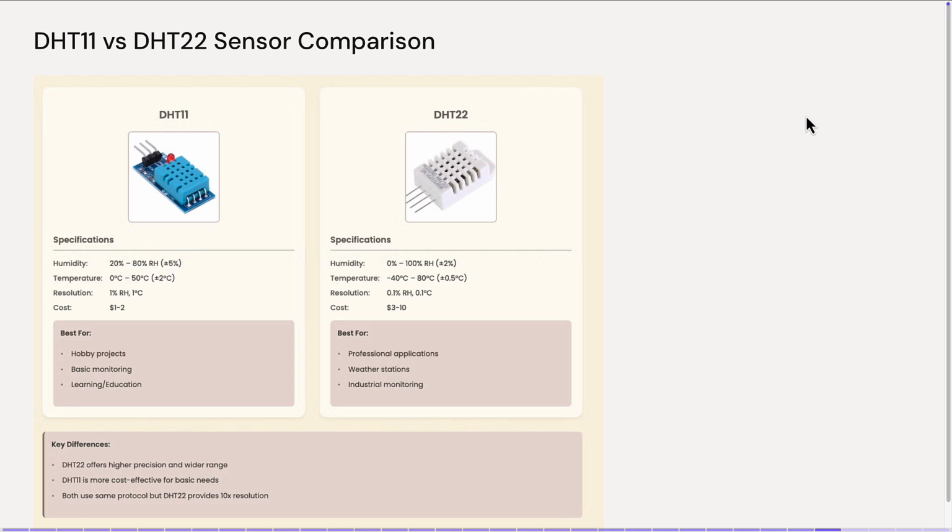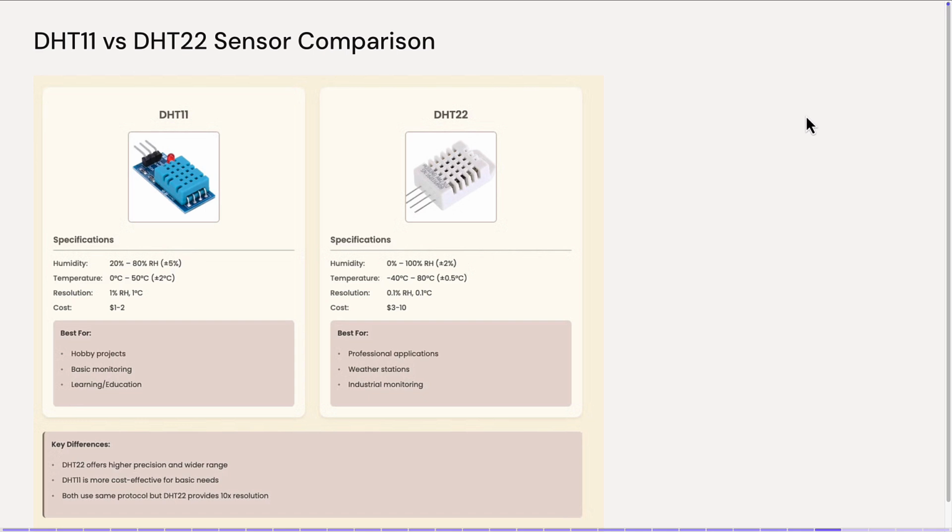Is that clear? So both of them are humidity sensors. They probably use the same technology, but their accuracy and characteristics are different. This one measures from 0 degrees to 50 degrees, and this one can go from minus 40 degrees to 80 degrees. So you can see it's a huge difference. The resolution is different. Okay, so here 0.1% is the minimum change it can detect.